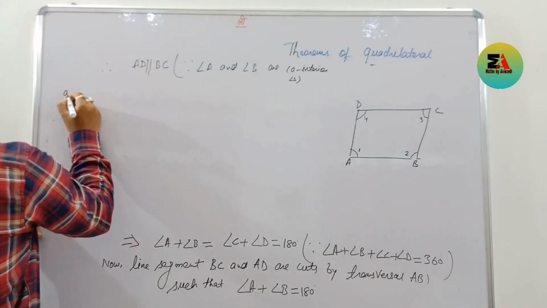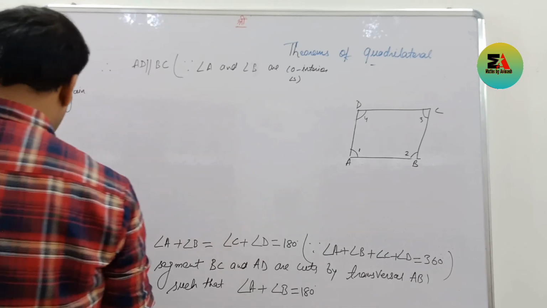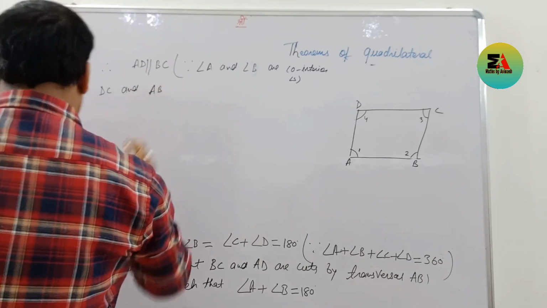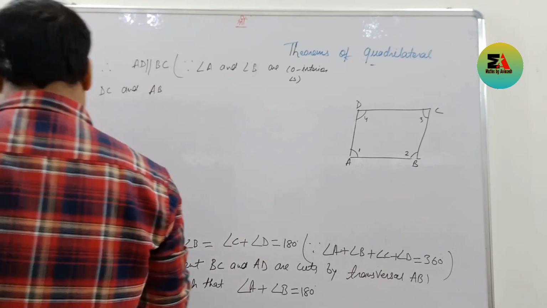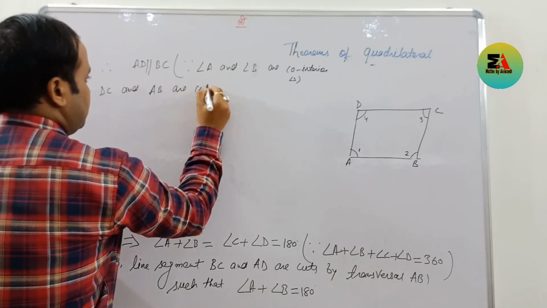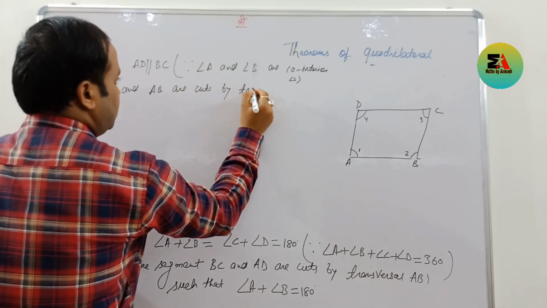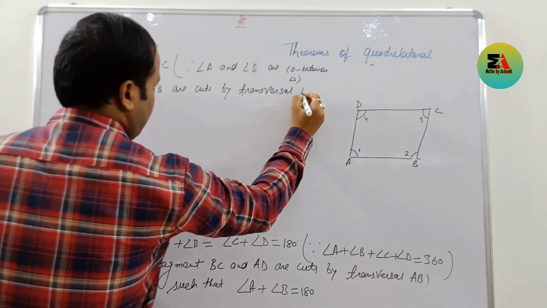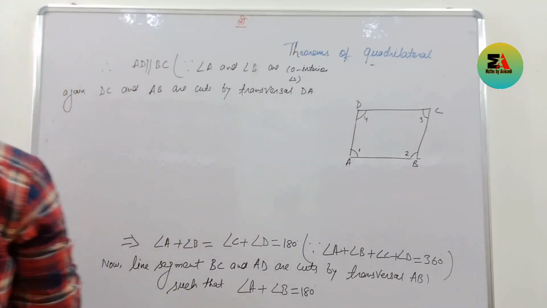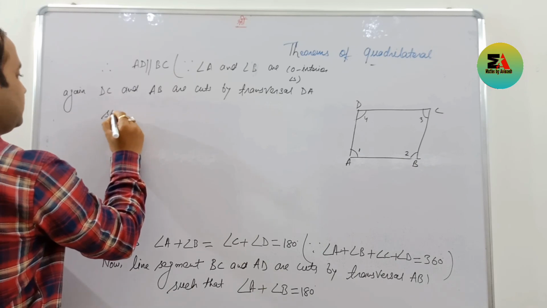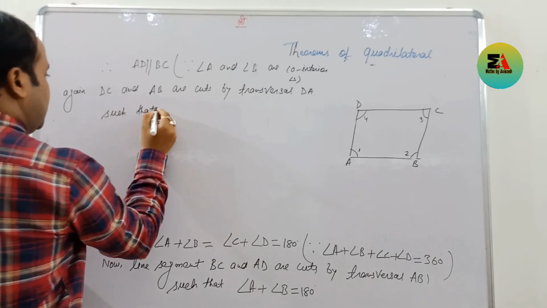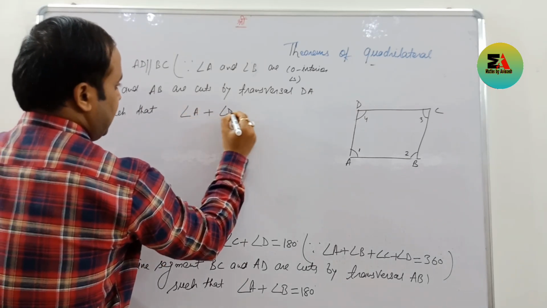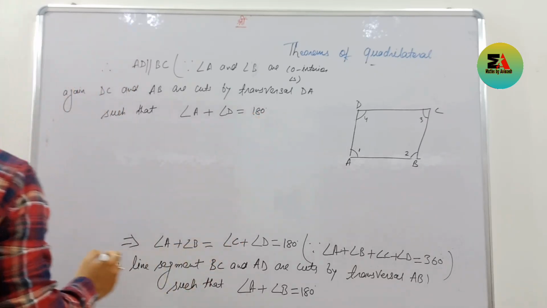Now again, in the same way, line segments DC and AB are cut by transversal DA such that angle A plus angle D is equal to 180 degrees.